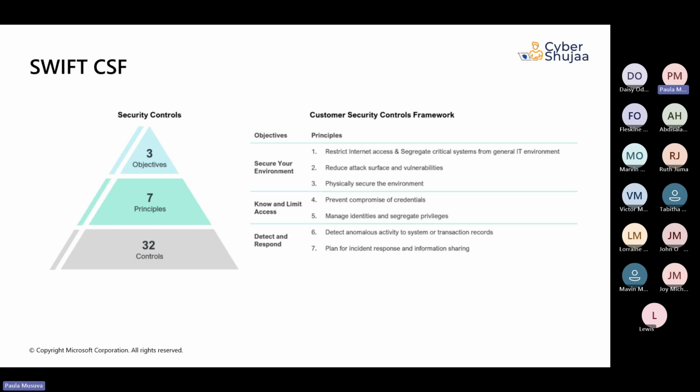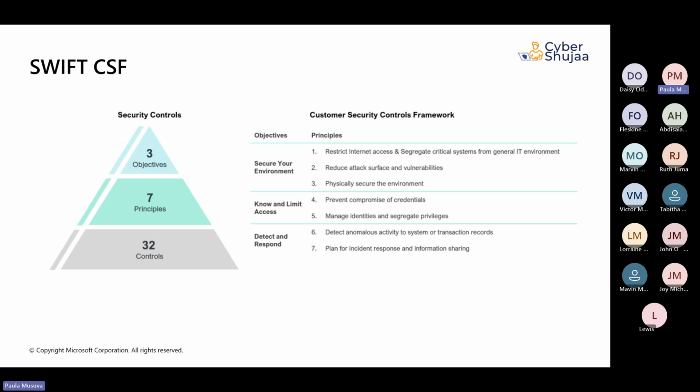And the member banks are usually anyone who has the SWIFT network deployment for money transfer. So they have stipulated a minimum of 3 objectives, 7 principles and 32 controls that you must implement as an organization, as a bank, in order to strengthen your security.